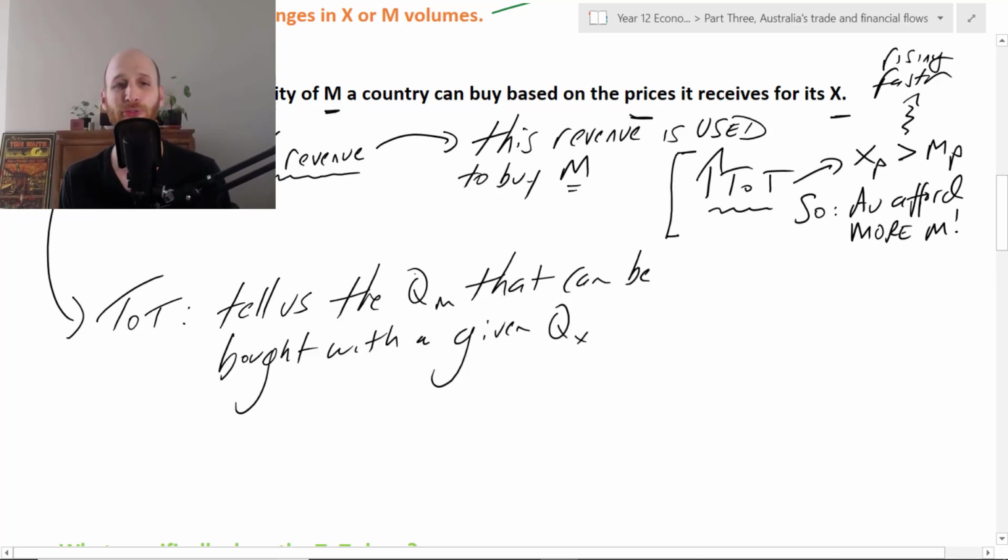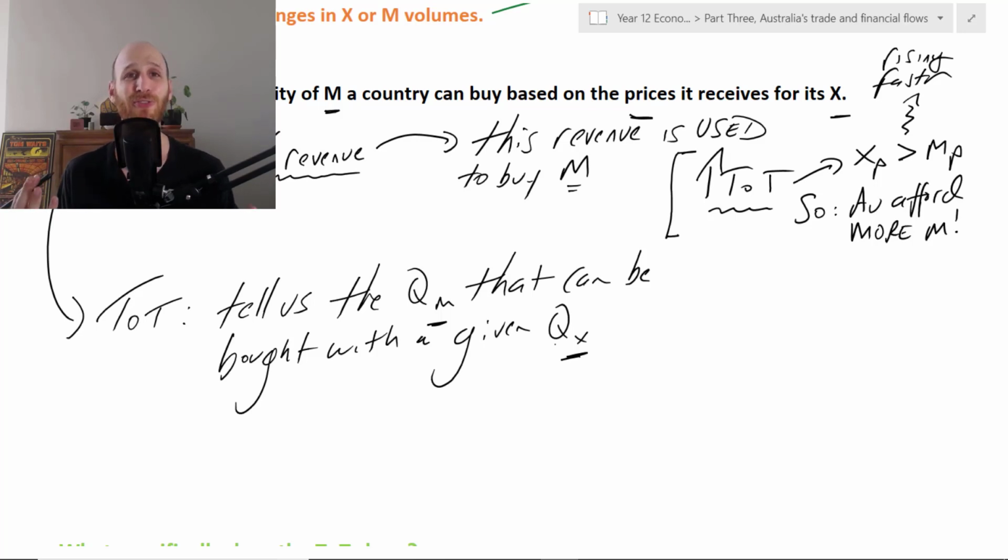So the terms of trade tells us the quantity of imports that can be bought with a given quantity of exports. Okay, let's move along. Just remember, terms of trade, prices, not volumes. We can stretch it out further, but the number that the terms of trade gives us is just about relative prices, not volumes.